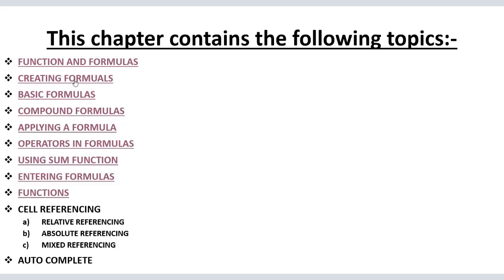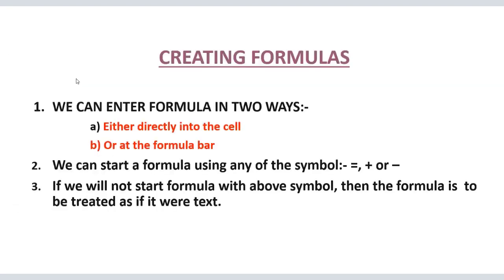Our next topic is creating formulas. Now we'll see how to create a formula in MS Excel. We have two ways to enter a formula. First, we can write the formula directly in the cell, or we can write the formula in the formula bar.